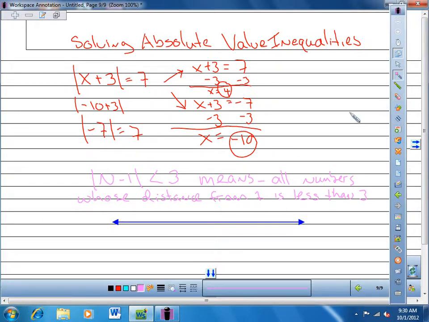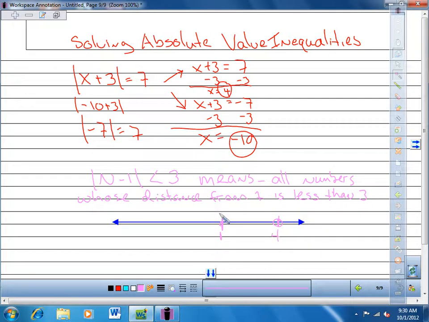Okay, so here's 1, right? Here's 1 over here. Where are all the numbers whose distance from 1 is less than 3? How far would I have to go this way in order for that distance to be less than 3? What would this number be? Not 2. 1 plus 3 will get you to where? 4.